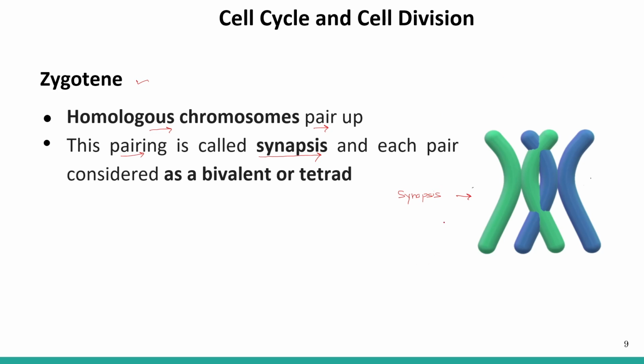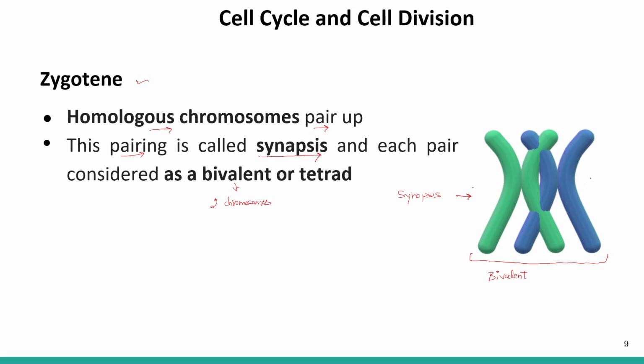And you can see here, this entire structure is a bivalent. Bivalent means it consists of 2 chromosomes. Okay, that's why bivalent. So we can say it is bivalent because it consists of 2 homologous chromosomes.